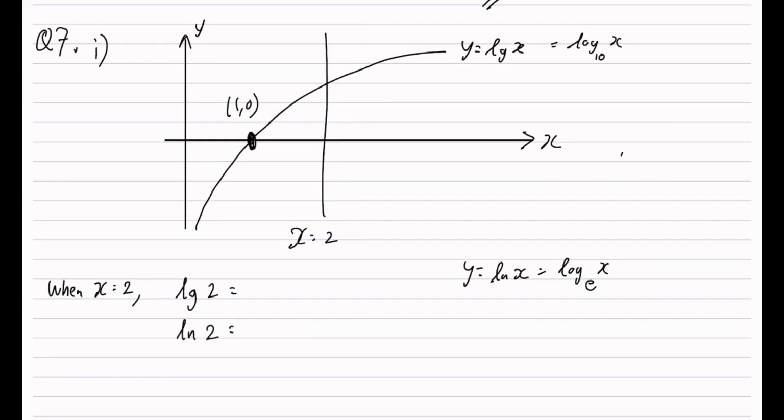What is it? Check with a calculator. The ln is higher, so it'll be like this. And then the left half continues down like this. Okay, yes, good.